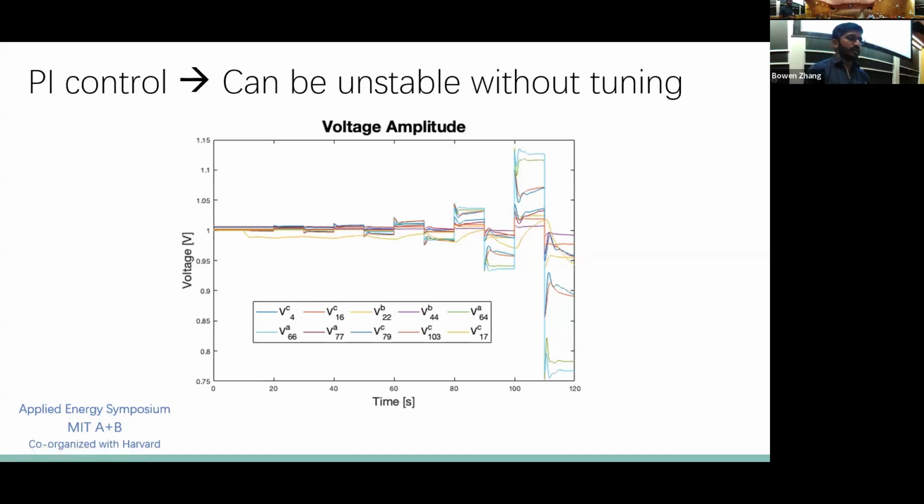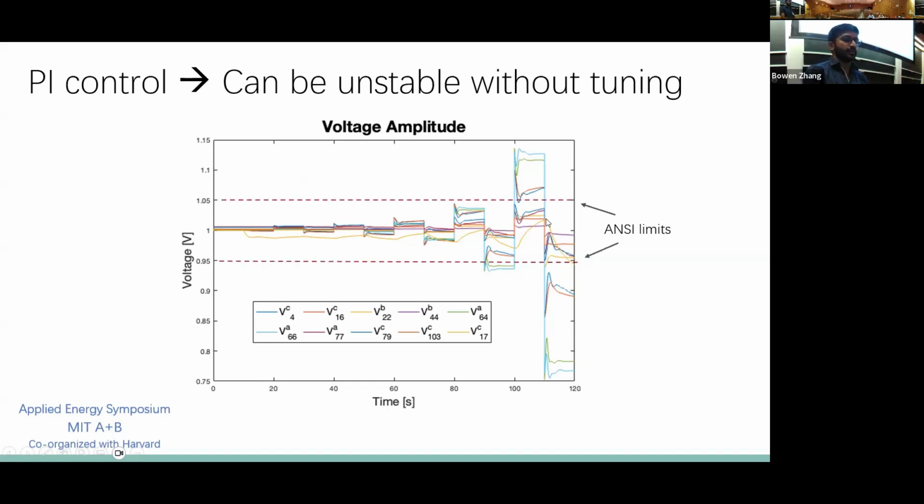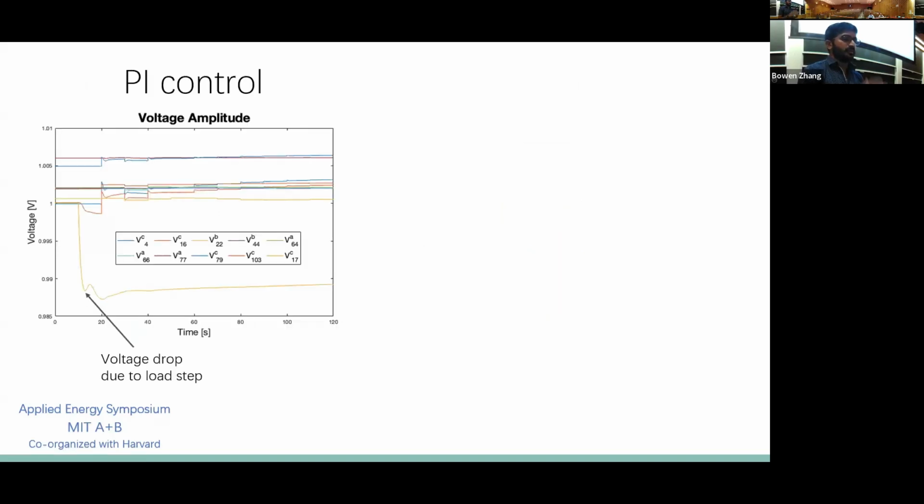The first idea is that the PI control, as we know, can be unstable without tuning. It requires a lot of changing of the controller gains and parameters to ensure stability. In this case, we see instability, and it clearly violates some of the voltage stability limits set for the network. Even when we stabilize the PI control, we can see that it eventually does return back.